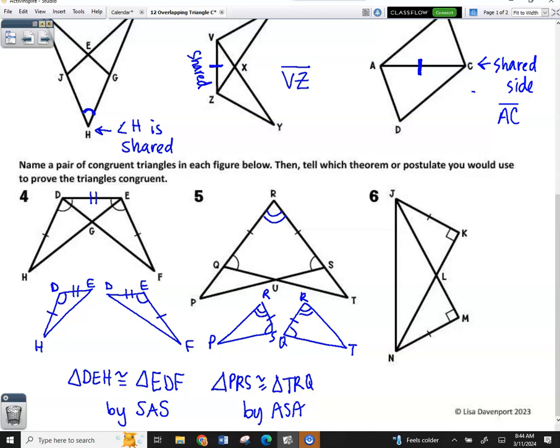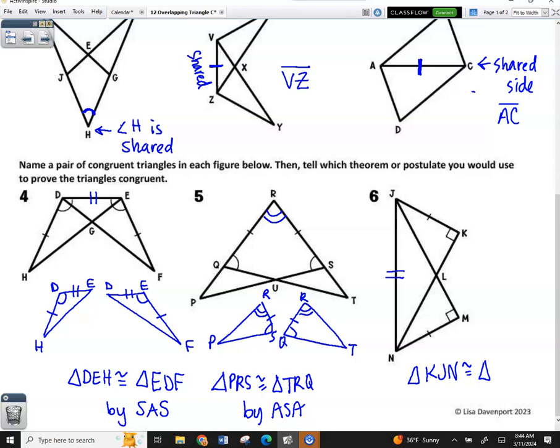Number 6, what do they have in common? They have a shared side in common. I'll put 2 tick marks on it. So if I name the first triangle, let's call it KJN. If I call it KJN, I went 1 tick mark to 2 tick marks.